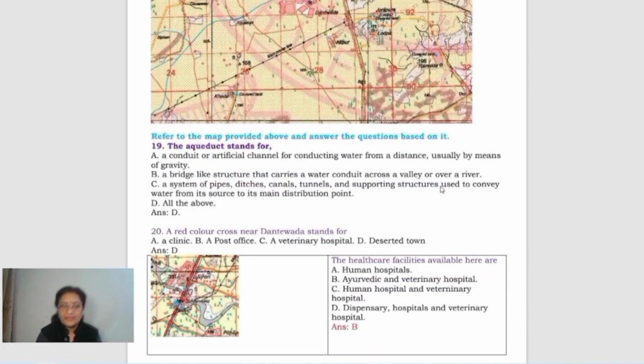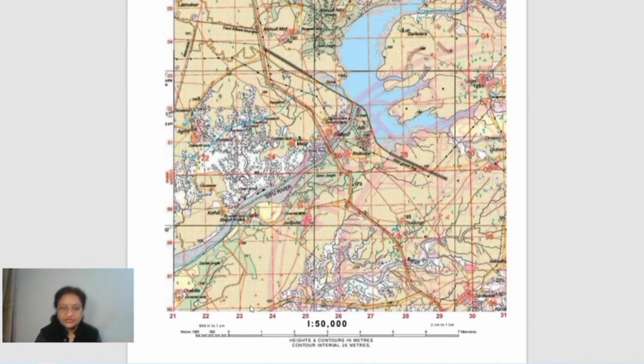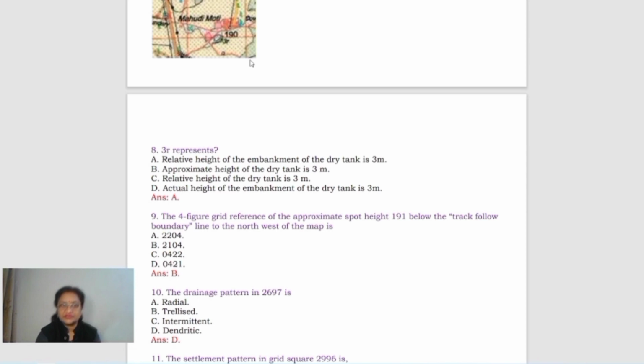Let's see now, this one, 23 and 04. 04, 1, 2, 3, 4. So 2304, what is it now? It is a state highway. Now come to the next question.